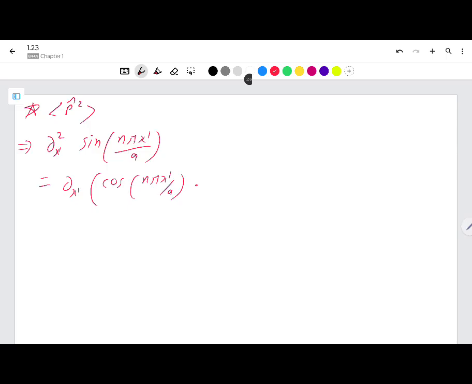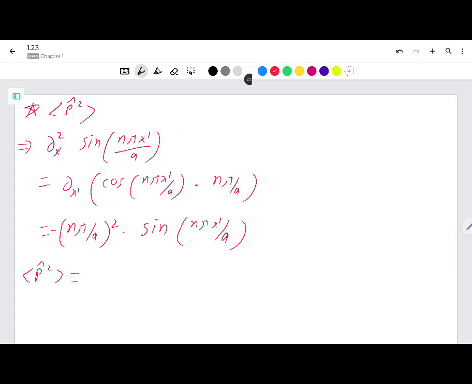The derivative gives n pi by a times cosine. We do the derivative again, we will again get n pi by a. Squared, it will be minus sine n pi x prime by a.